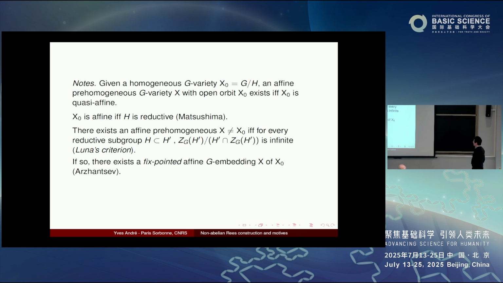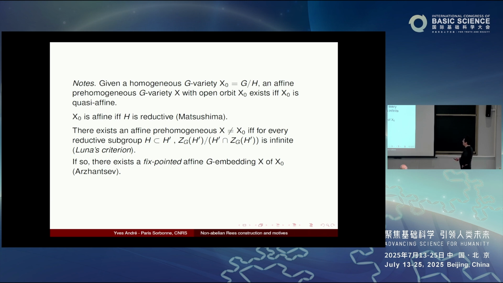Now sometimes X naught itself can be affine, and this is equivalent to the fact that H is reductive, by the celebrated Matsushima theorem. But there is a criterion for the existence of some affine pre-homogeneous space which is different from X naught. So X naught is given, supposed to be quasi-affine.